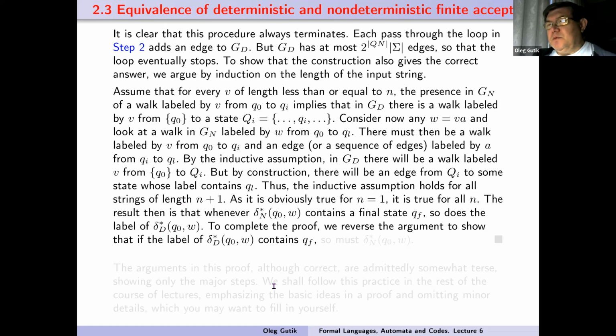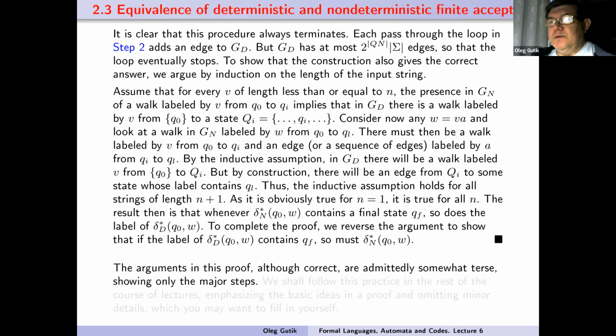To complete the proof, we reverse the argument to show that if the label of delta star D of Q0, w contains the state QF, so must delta star N of Q0, w. This completes the proof of the theorem.